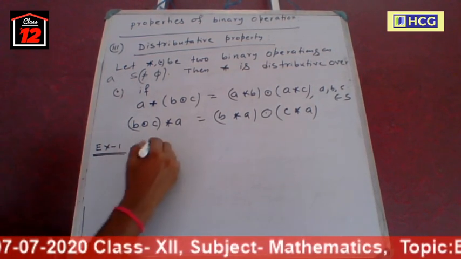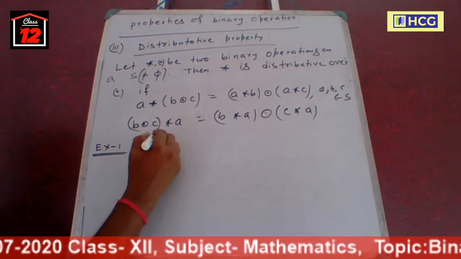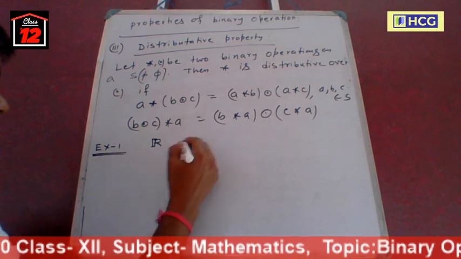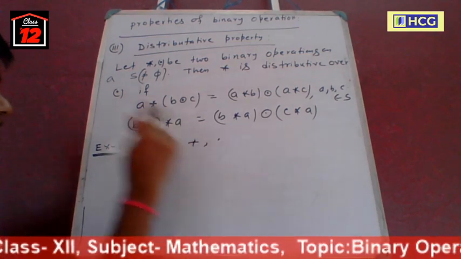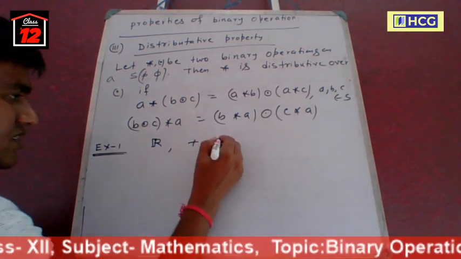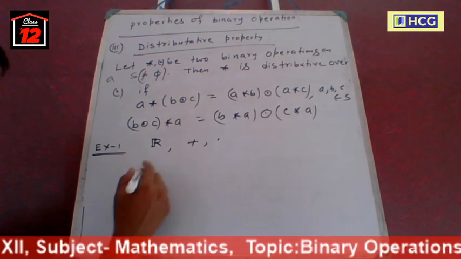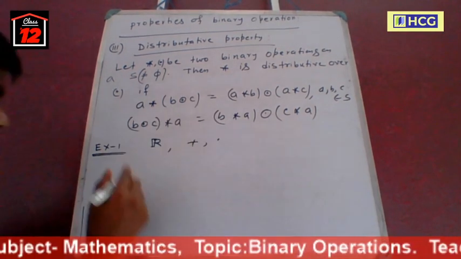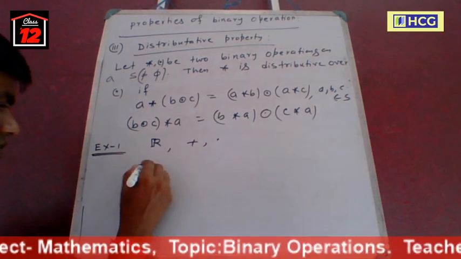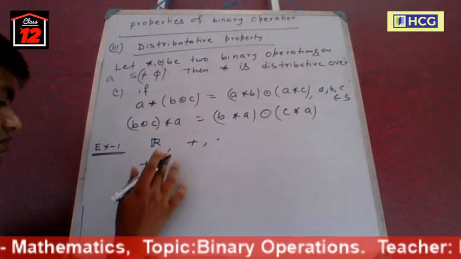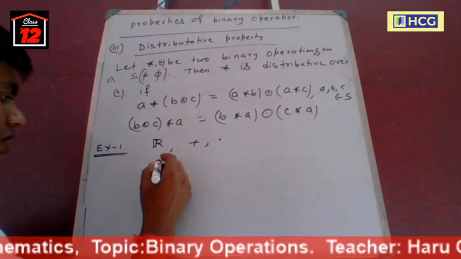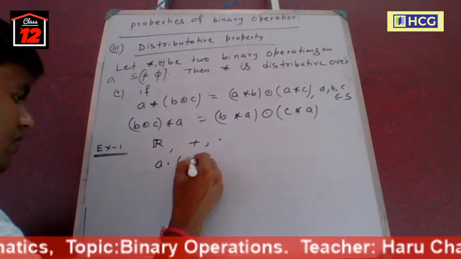Let R be the set of all real numbers, and take plus and dot. This is the usual addition and this is the usual multiplication. At first, A dot (B plus C).